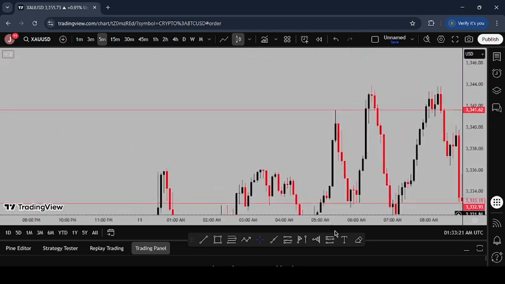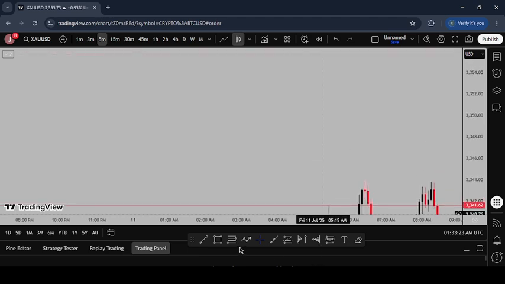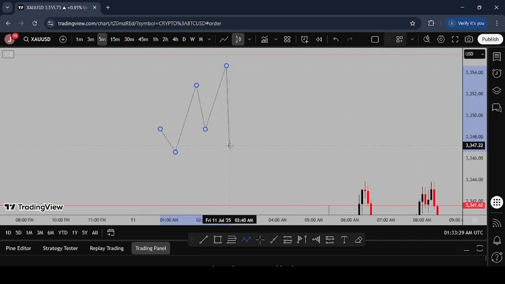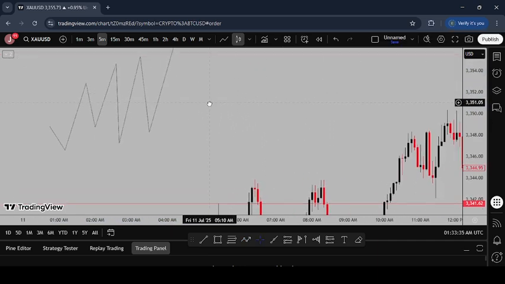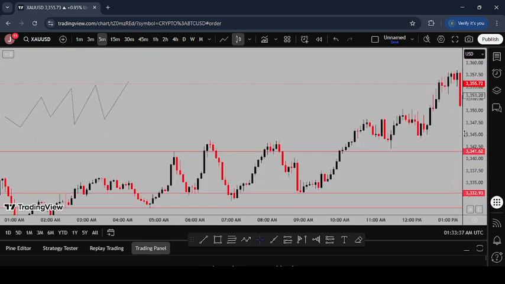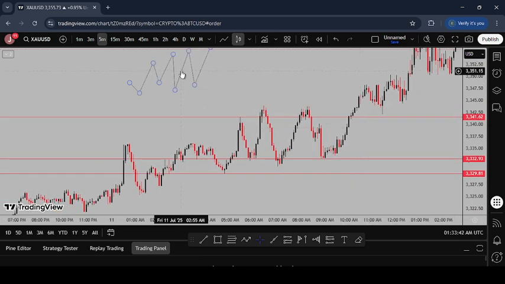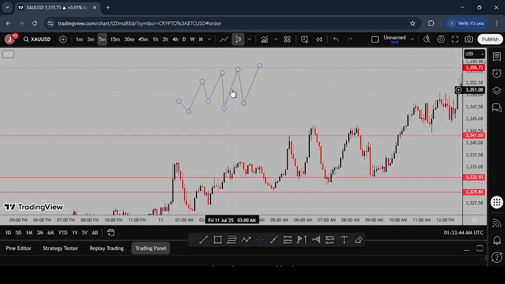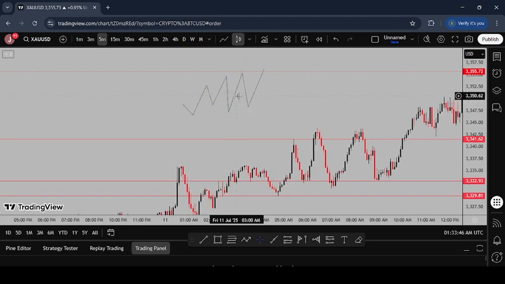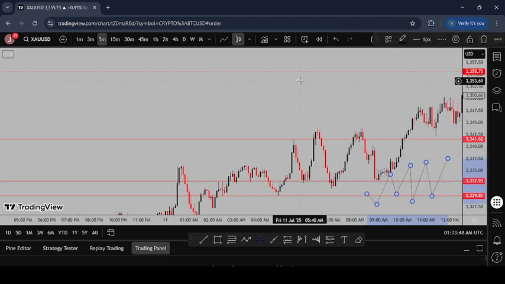So if you guys remember the typical move the market makes: a sweep, a break, a pullback, continuation. I think that's exactly what just happened right on this particular gold pair, XAUUSD.